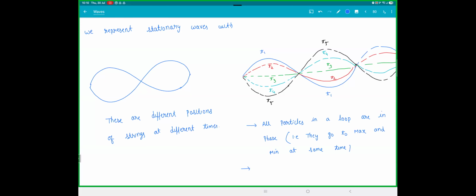Particles in consecutive loops are out of phase. That is, loops 1, 2, and 2, 3, these are out of phase.